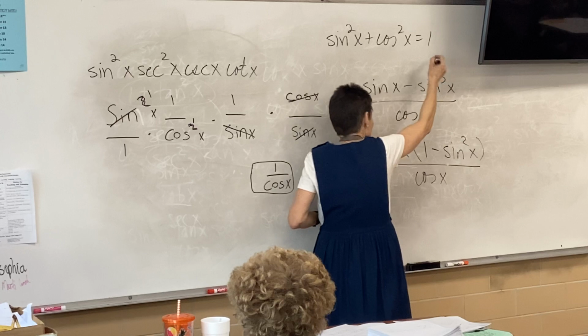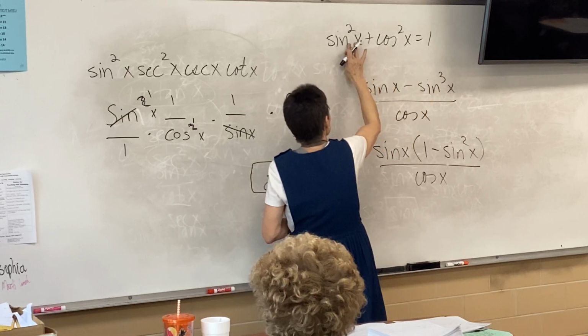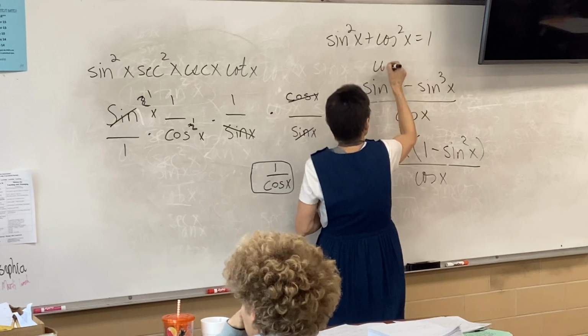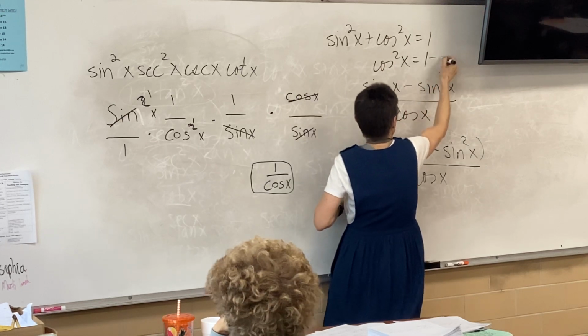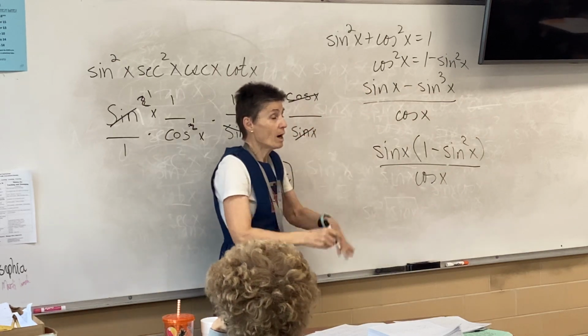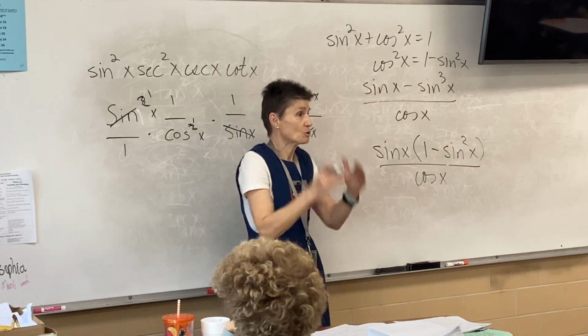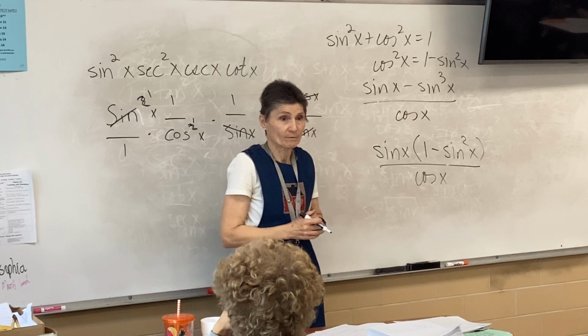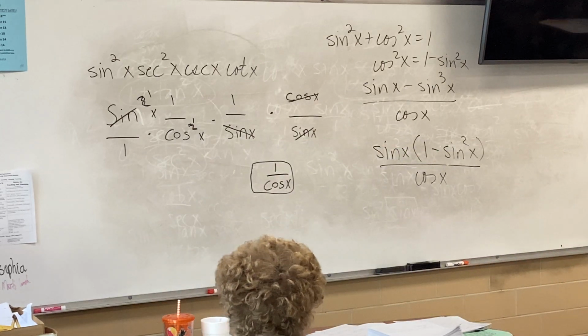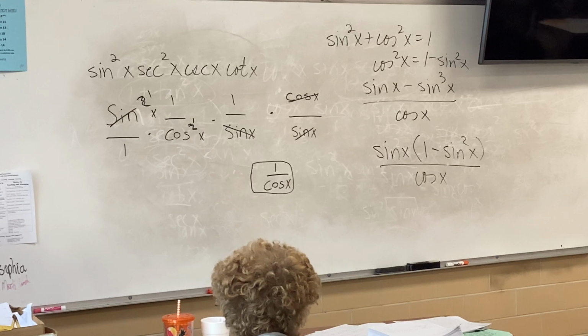That's on my formula sheet. But I can rearrange things. I can bring this over here, so it says cosine squared equals 1 minus sine squared. 1 minus sine squared is cosine squared.